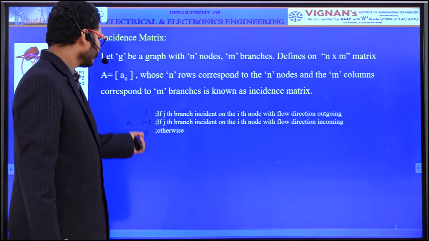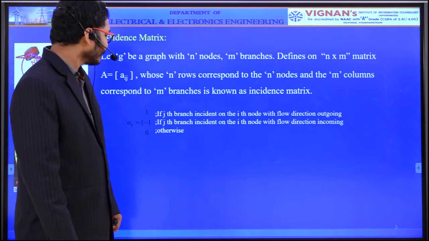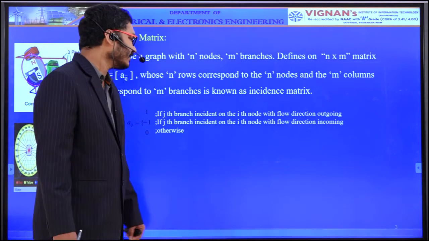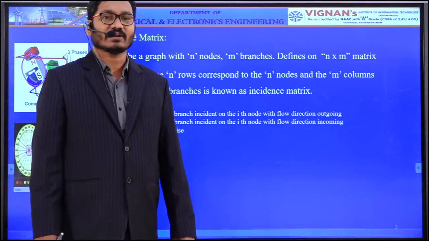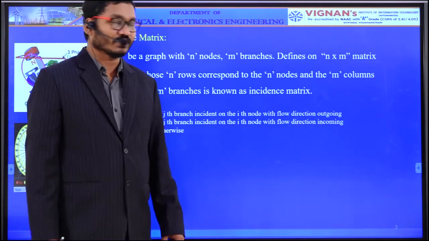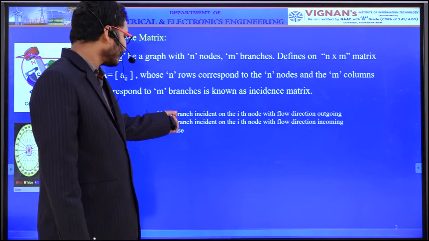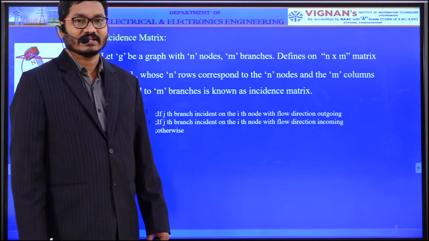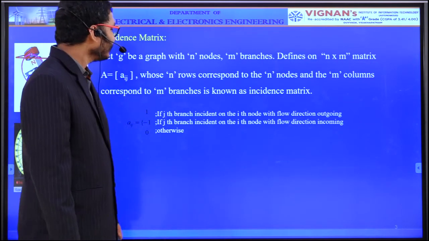We get 1 if the jth branch is incident on the ith node with the flow direction outgoing, that is, leaving the node. If it is incoming, that is minus 1. If it is not incident, that is 0. Like that you have to find out the incident matrix.